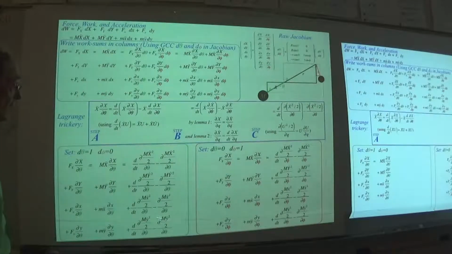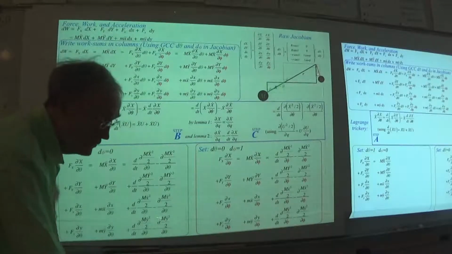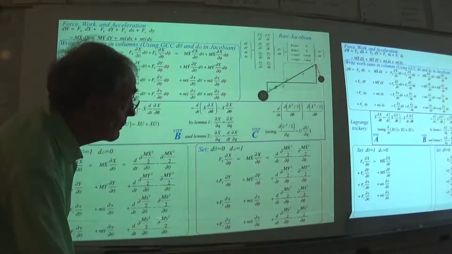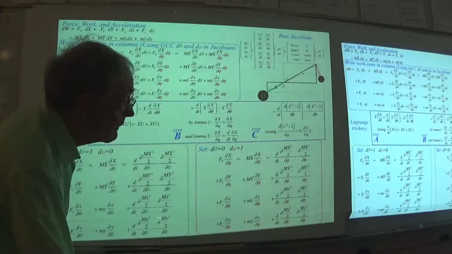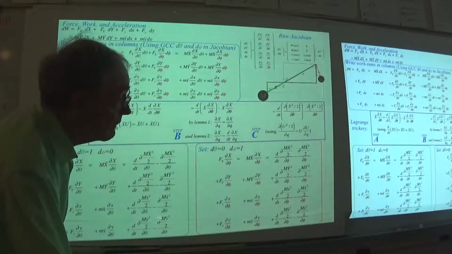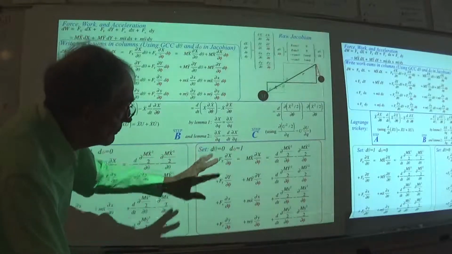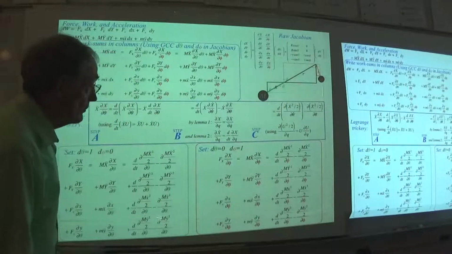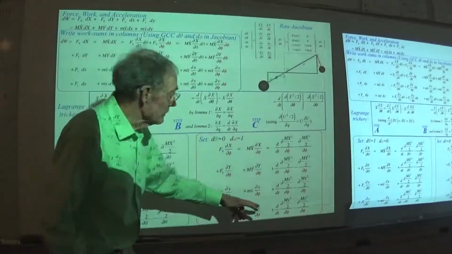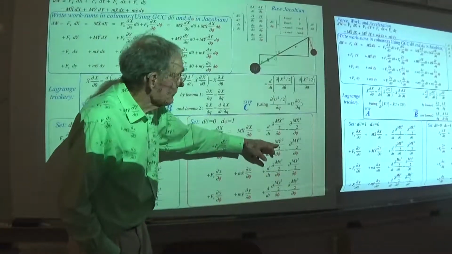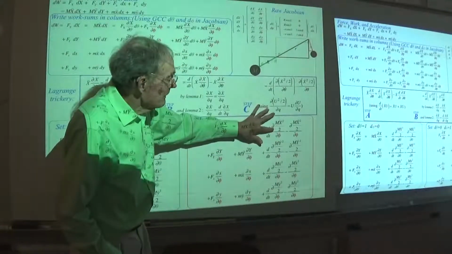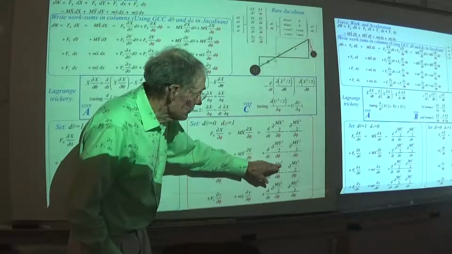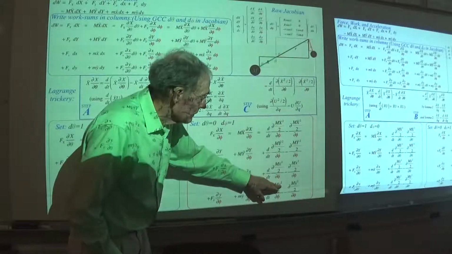So there they all are, showing what will sum up to be a couple of Lagrange equations. One of them for the driver angle and one of them for the projectile angle. Driver and projectile are the two at work here. If I look down this column, I've got the phi derivative of m x dot squared plus m y dot squared, for the projectile's little x and little y.